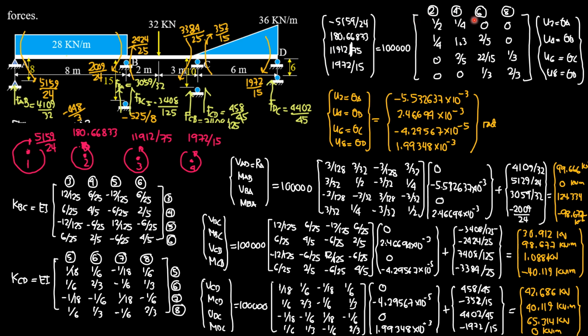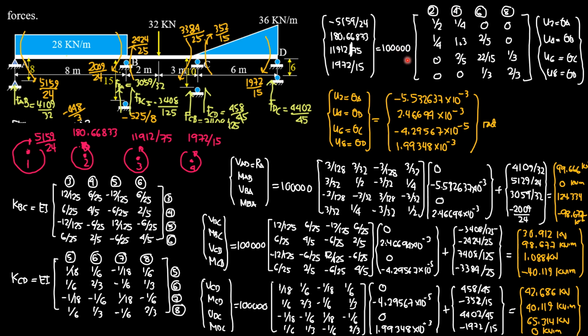Then the net nodal load: clockwise, meaning negative 5159/24, counterclockwise, positive 180.66833 at node 2, which corresponds to F4. At node 3, which corresponds to F6, positive 11912/75. At node 4, positive 1972/15.